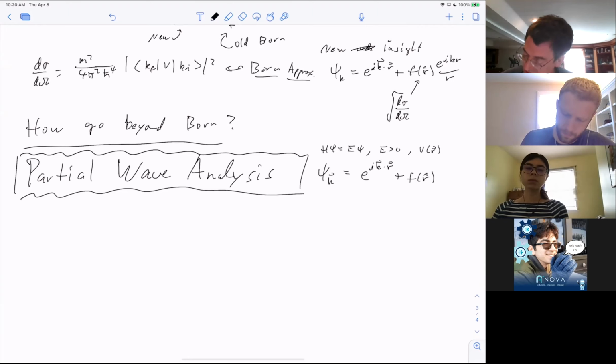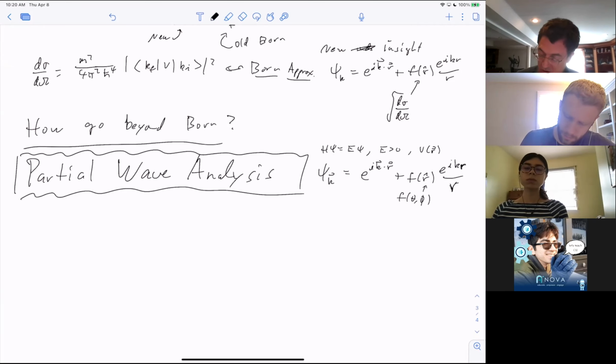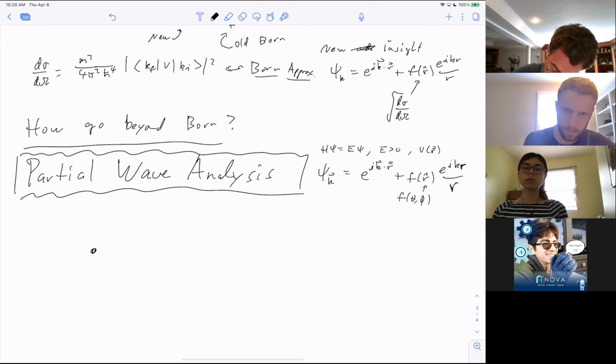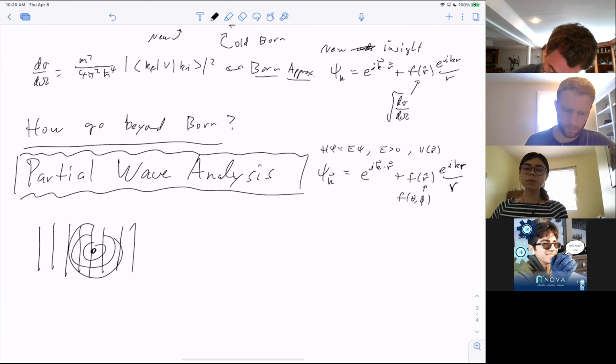And the scattered wave is modulated by some function of theta and phi times an outgoing wave, e^(ikr) over r. Okay, so if I draw that eigenstate graphically, then it looks like this. I have an incoming wave, and I have my outgoing wave, and that's what it is.